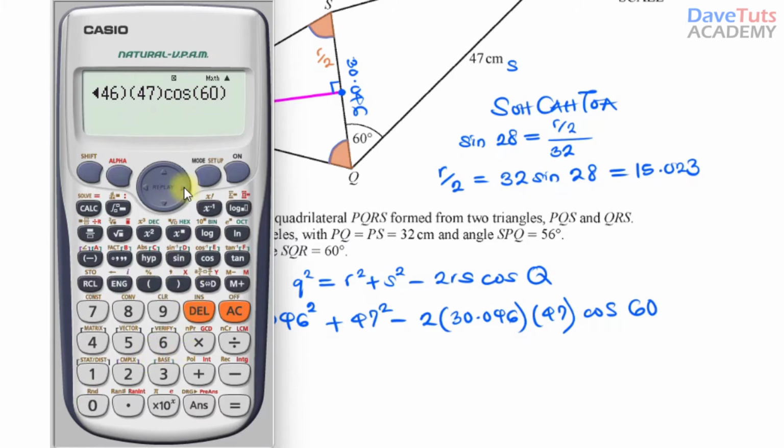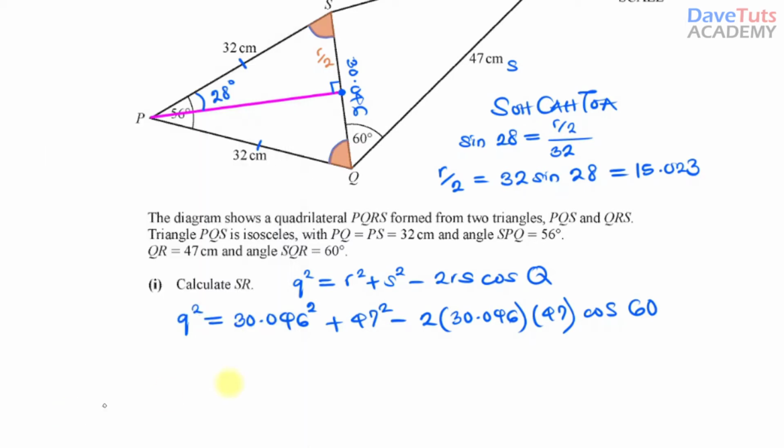Okay, I think you can check to ensure that you got all the parameters right, and you can press equal to. So this is 1699.600. So Q square is equal to 1699.600, such that Q itself is equal to the square root of 1699.600.